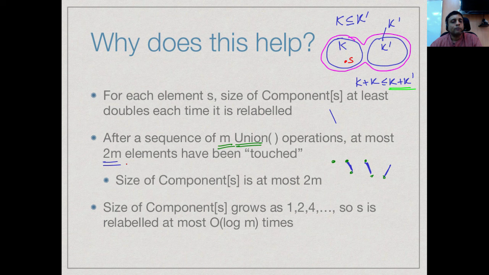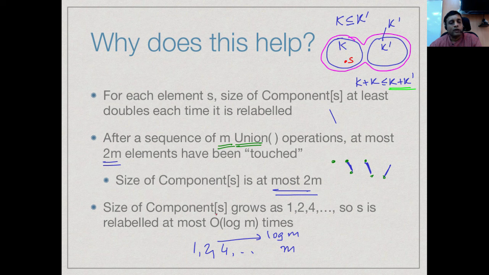That means a component cannot have got larger than 2m, because in order to get into a component, something must change. Only 2m elements are allowed to have any change applied to them at all. So the size of any component after m union operations is at most 2m. But how does the size grow? It goes 1, 2, 4, because it keeps doubling up to m. So after log m steps, if I double 1 log m times, I will get m.